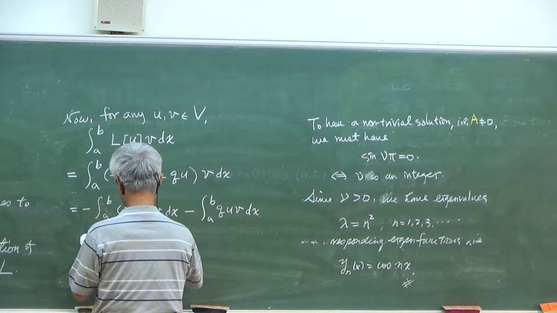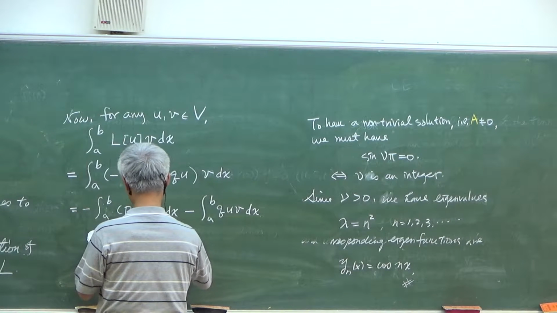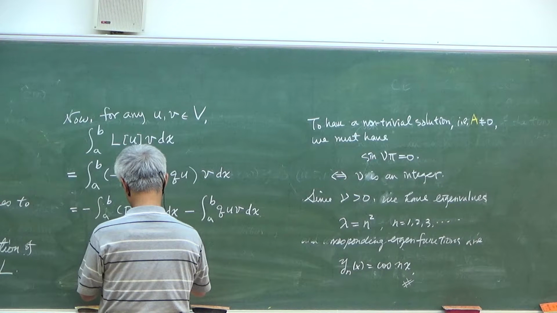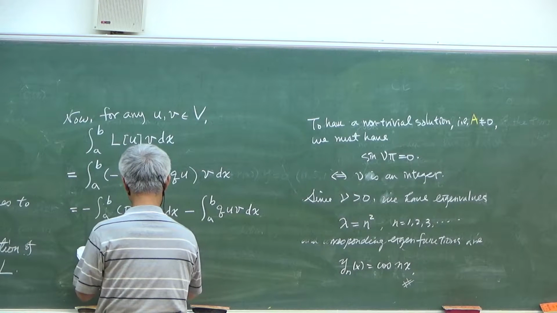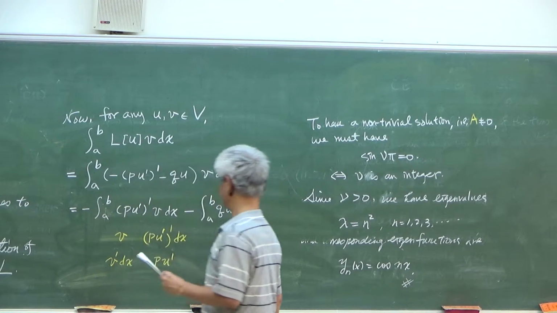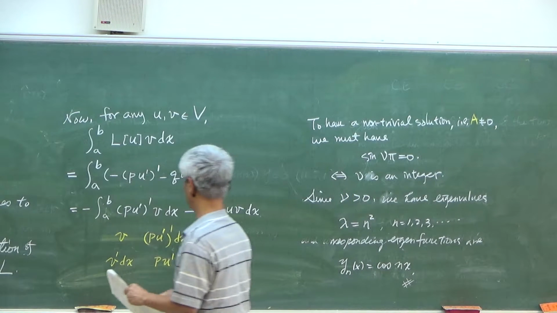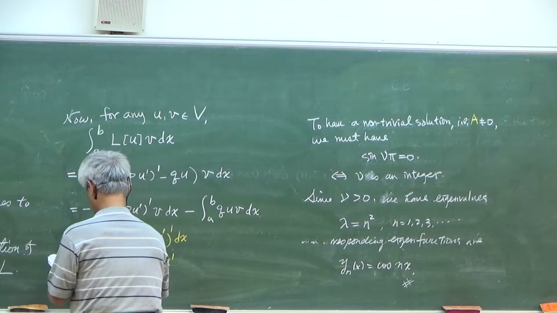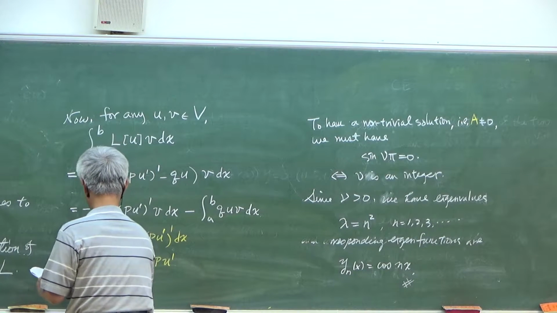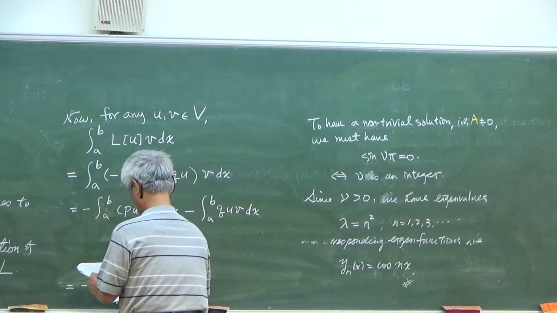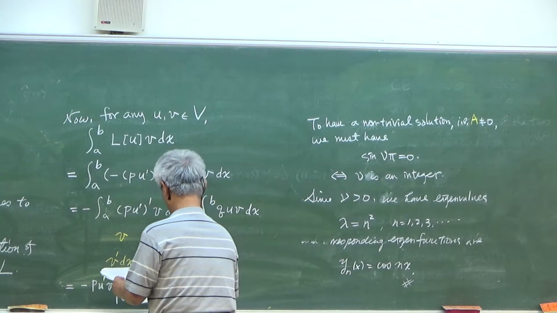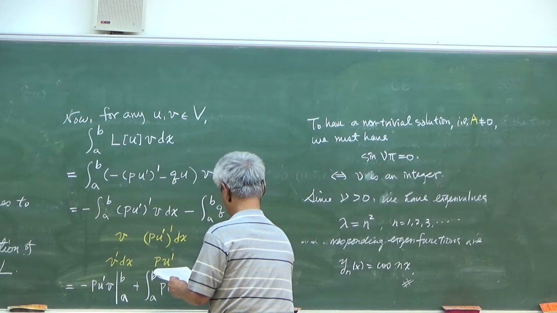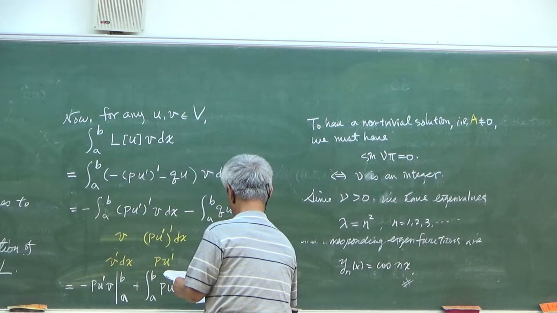So we have p u prime and v, evaluated from a to b, plus the integral from a to b of p u prime and v prime dx, and minus the integral of q u v dx.